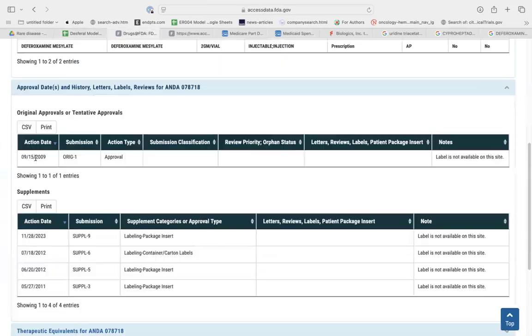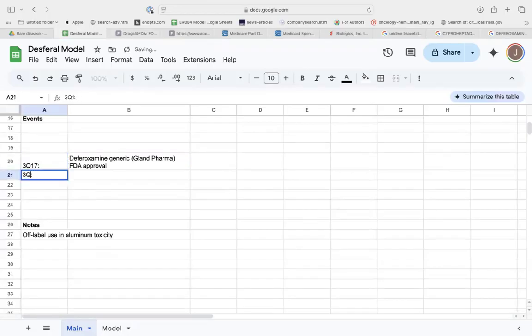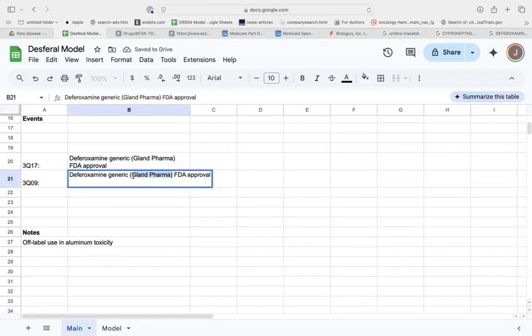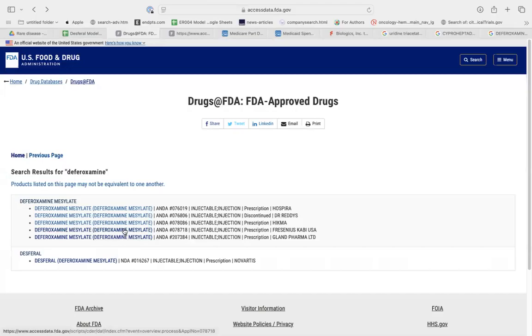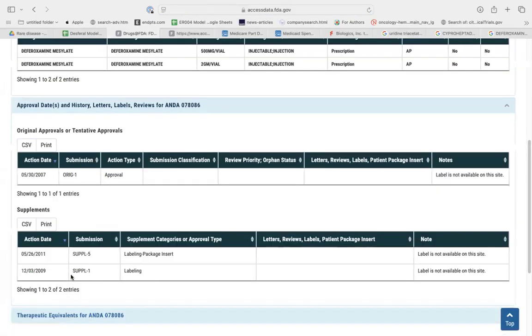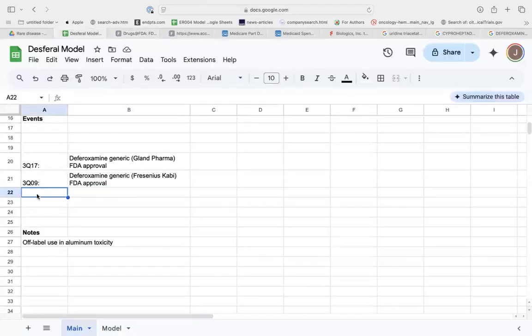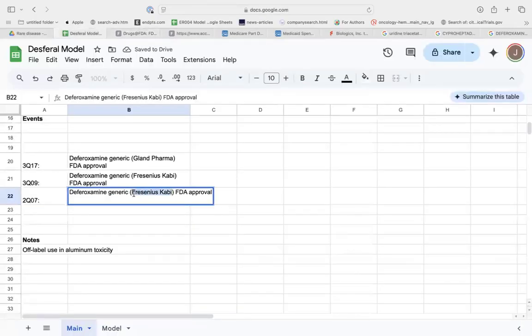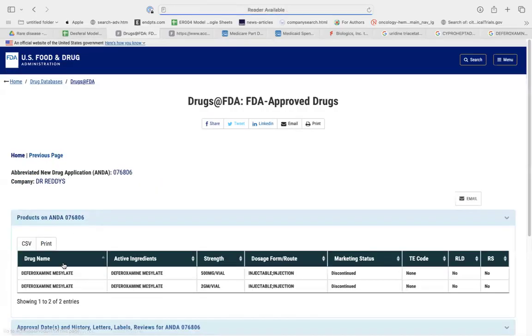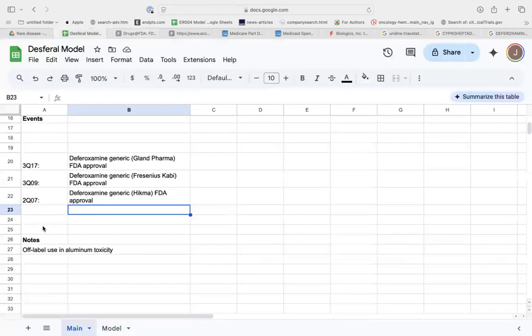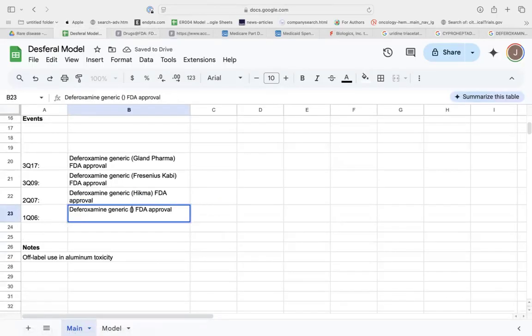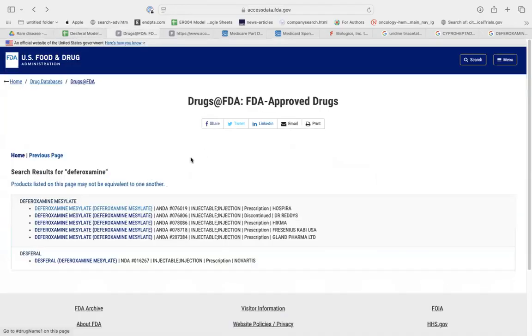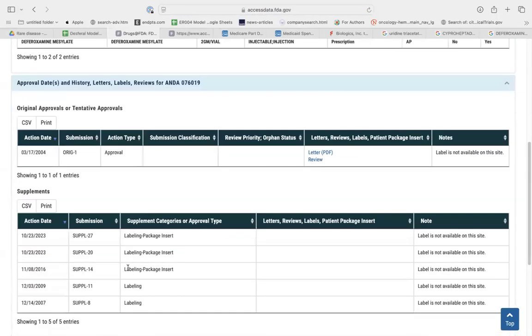This one was approved in 2009. 2007. 2006. Okay, and 2004.